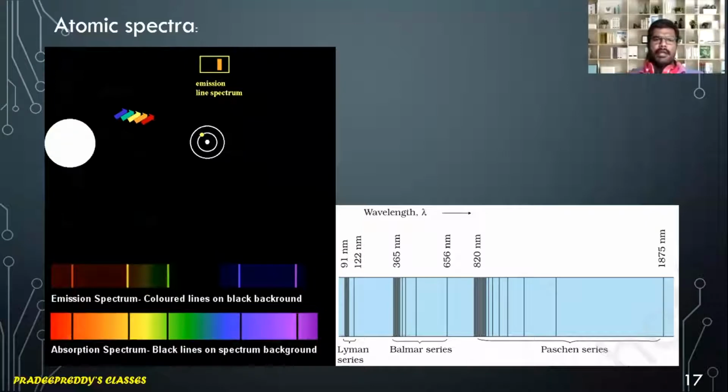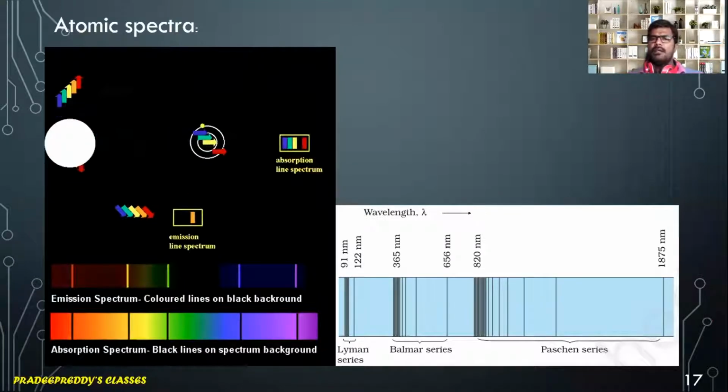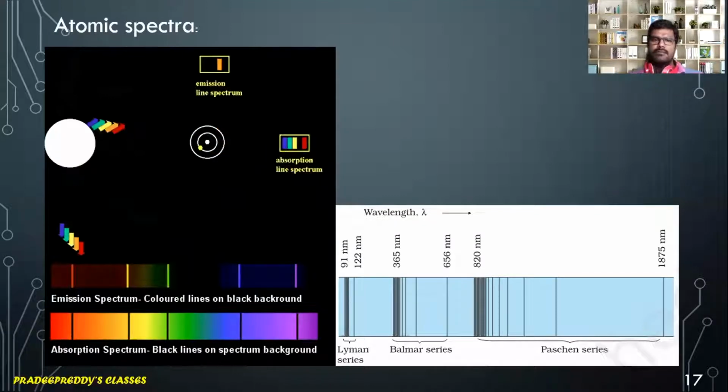From that mercury lamp, you are able to see that 5 different colors are coming out: blue, sky blue, yellow, orange, and red. 5 different colors are coming out from that white color sphere, which is the source.